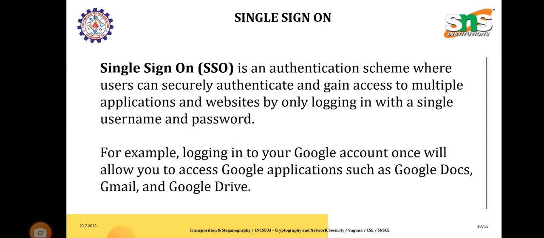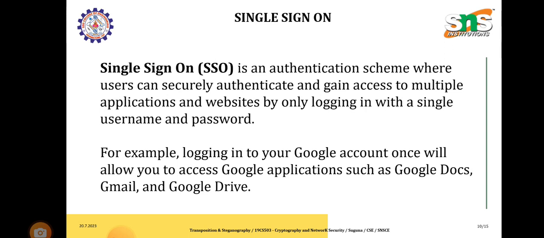a single login. For example, when we take a Google account, if we log into our Gmail once, that authentication alone will help the user navigate to Google Docs or Google Drive or any other Google related application.